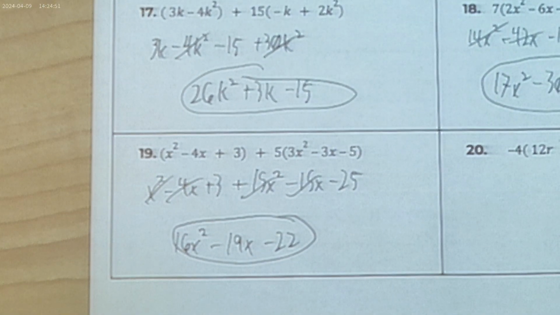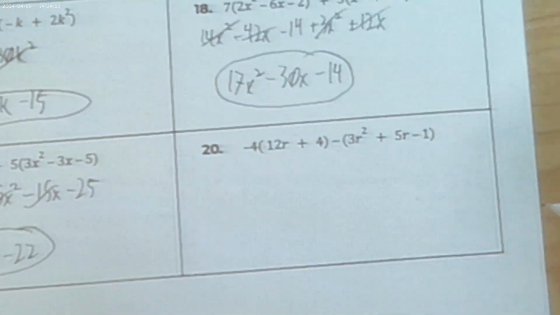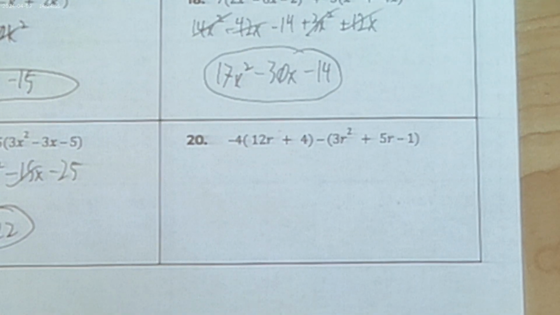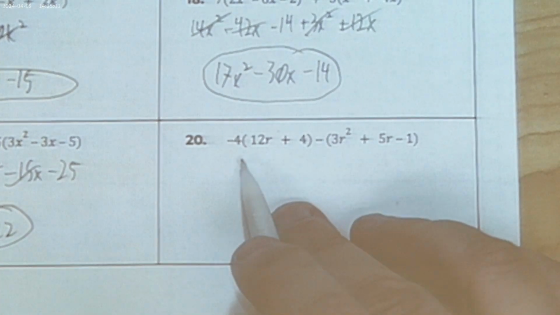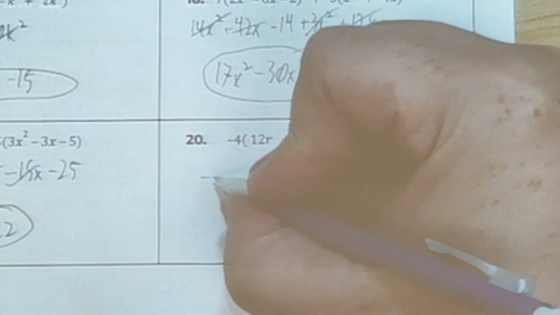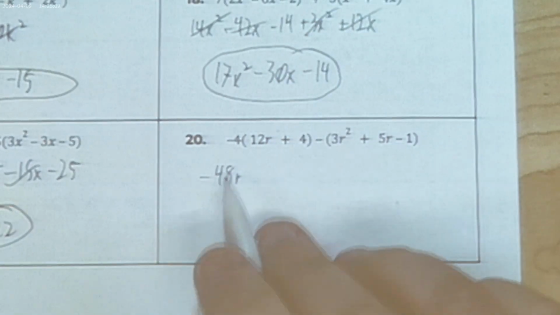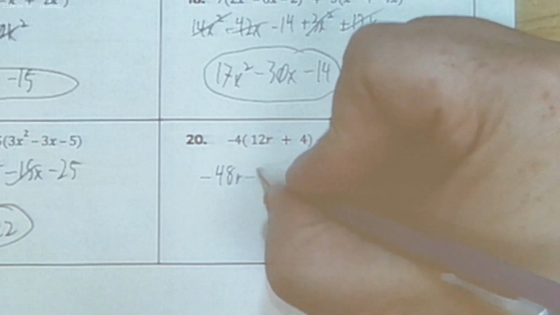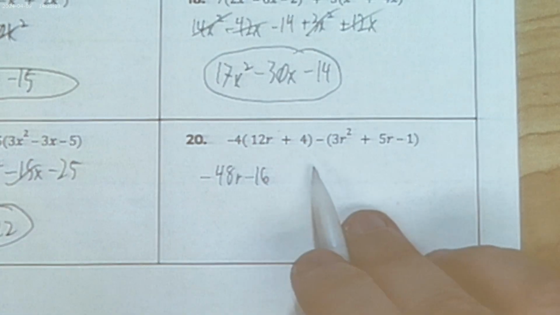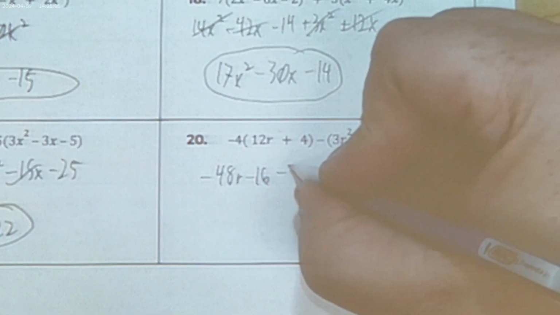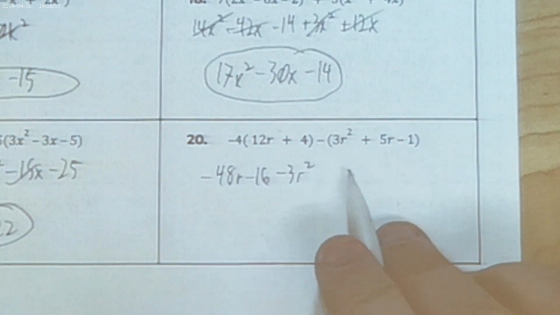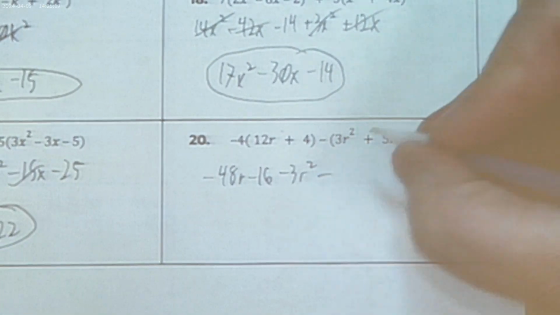Ooh, all right. Okay, just look at this last one. Throwing us a couple of negative signs there. All right. So negative 4 times 12 is negative 48r. Negative 4 times negative 4 is positive 16. Minus 3r squared. Minus 5r.